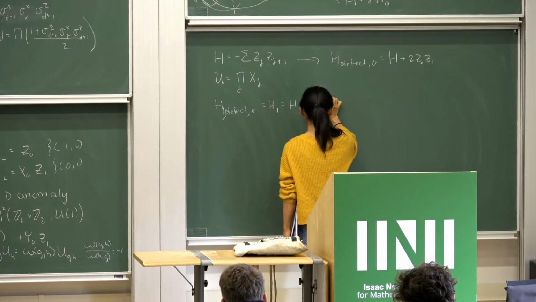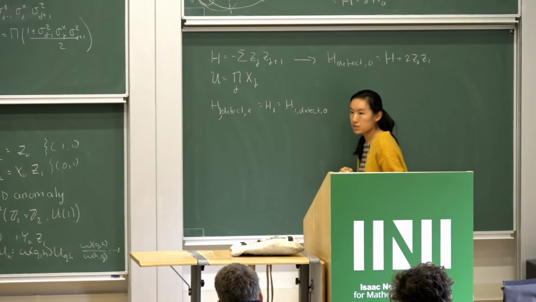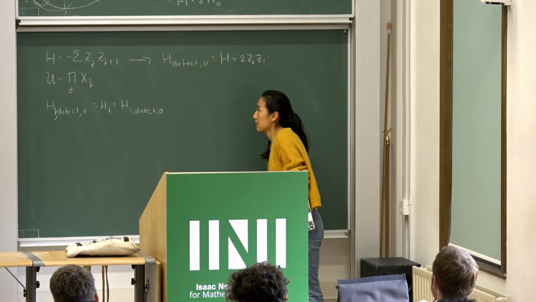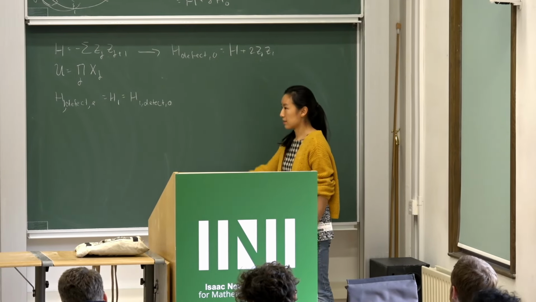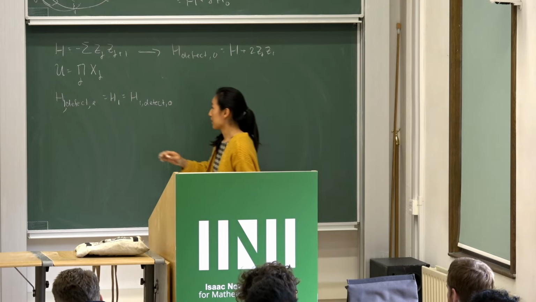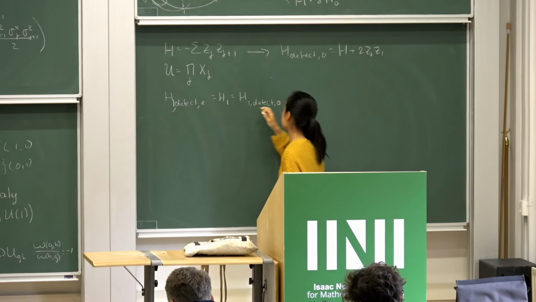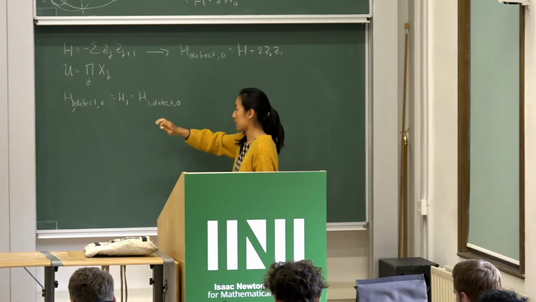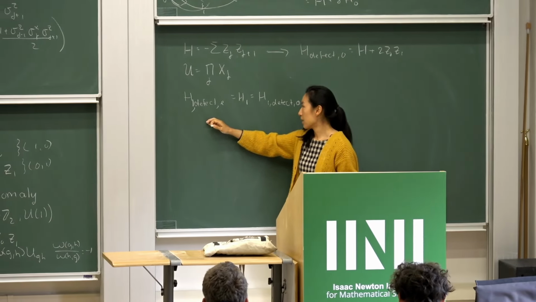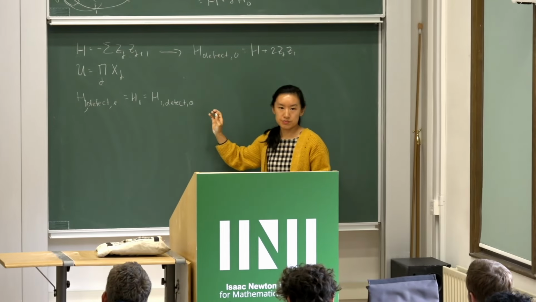You can do this exercise, and what you find is that the defects really don't do anything to the Hamiltonian. H1 comes back to itself if you try to insert a defect of the U even or the U odd symmetry.